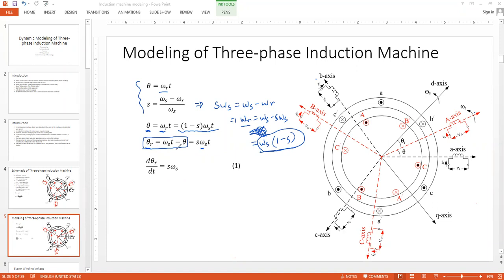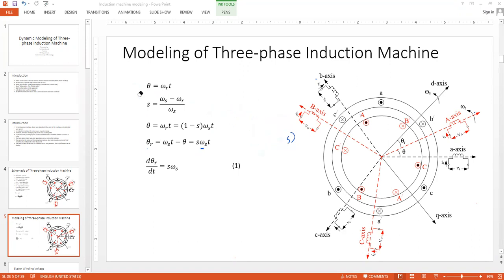So actually the same thing that we are doing for these two thetas here. Again, we go to the diagram for understanding this specific relationship. So theta r is omega s t minus theta.